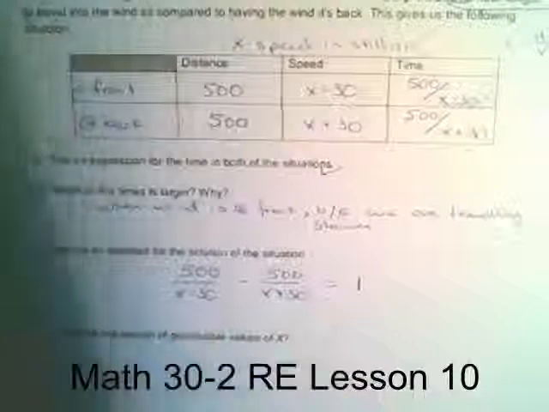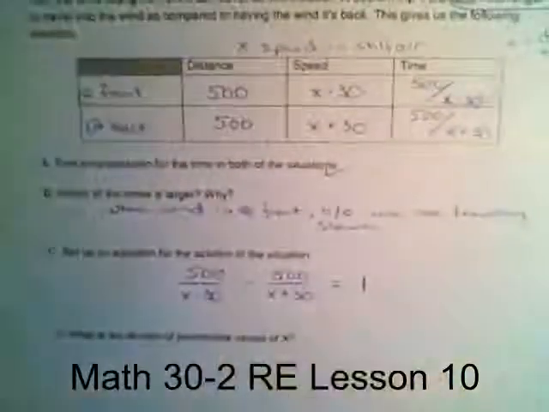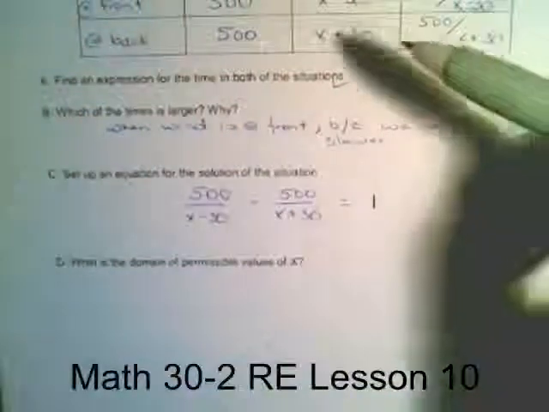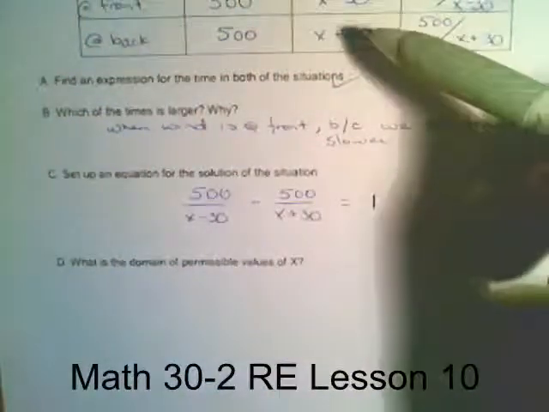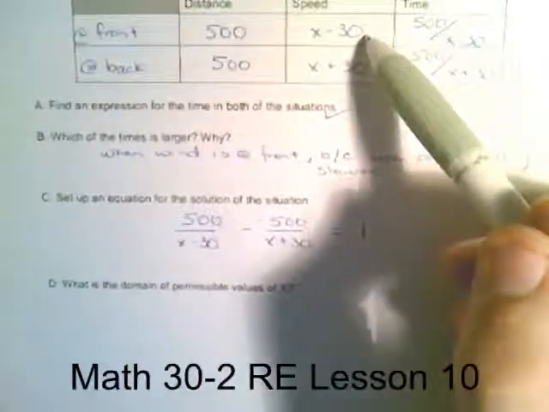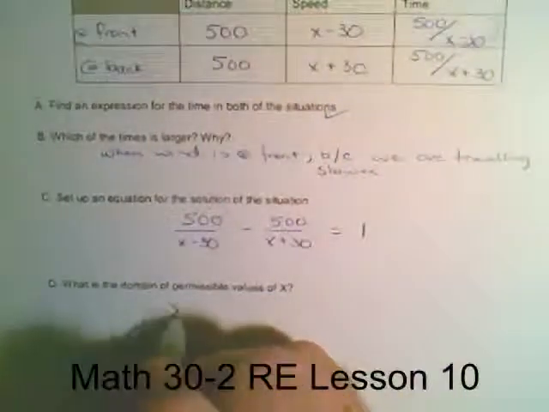The bigger time minus the smaller time gives me how far apart they are. It tells me that here, 1 hour. There's my equation. The bigger time minus the smaller time tells me how far apart they are, and they are 1 hour apart. So that much I'm done.